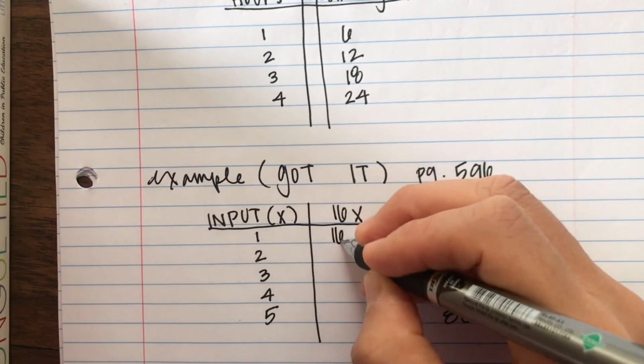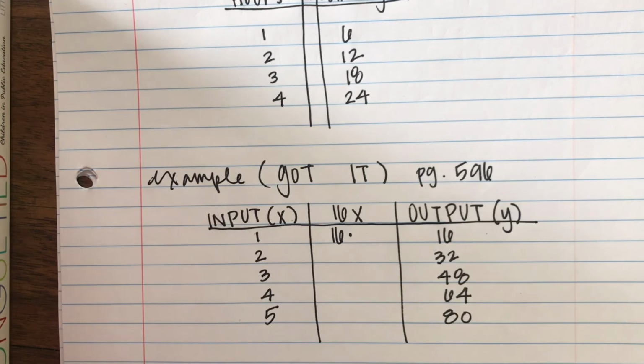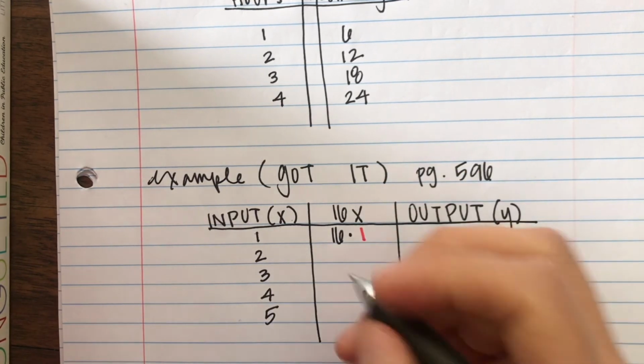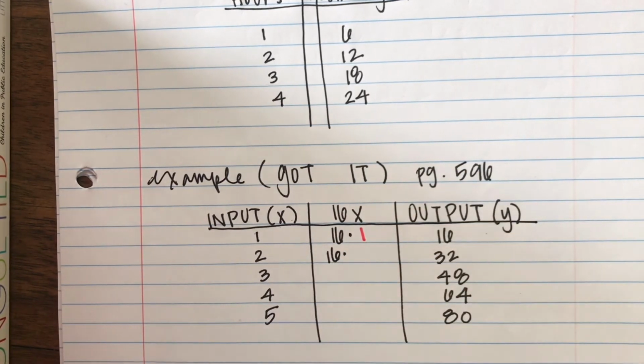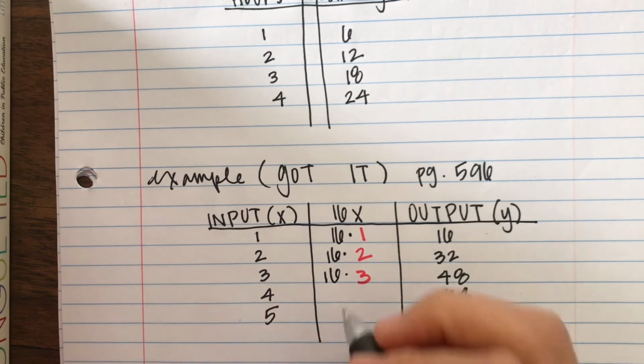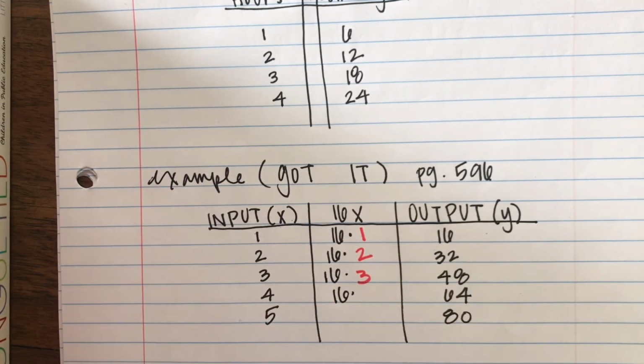Because 16 times 1 gives me 16. 16 times 2 gives me 32, and so on, right? It has to hold up regardless of the input value that we substitute there. It will still hold up.